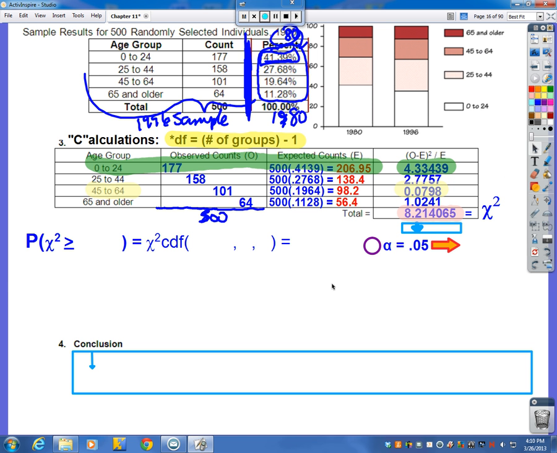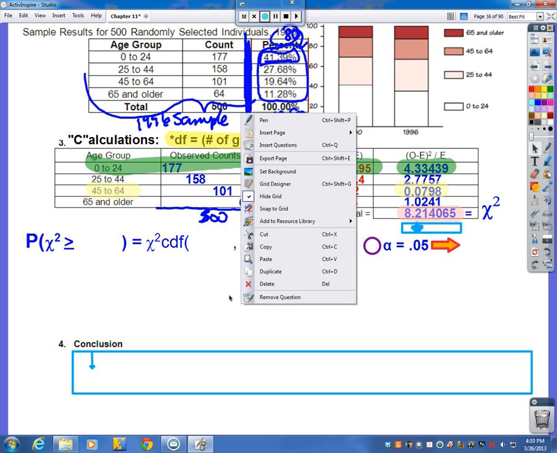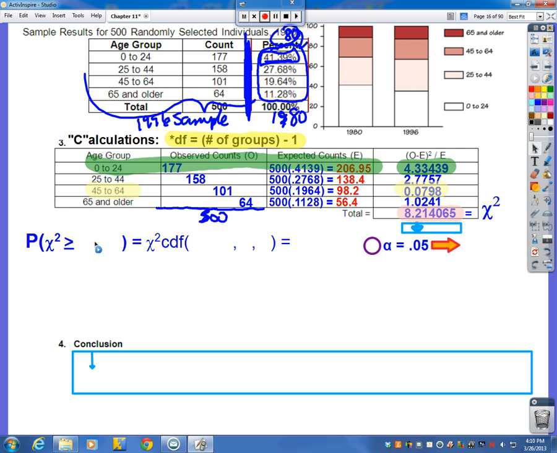Now, just like before when we had a z or a t-score, we needed to give value to it. So now we're going to find what is the probability that we find other chi-square scores, statistics, that are more extreme or as extreme as our 8.214 that we got here. Now before we would use normal CDF, t-CDF. Well, now there's a chi-square CDF.